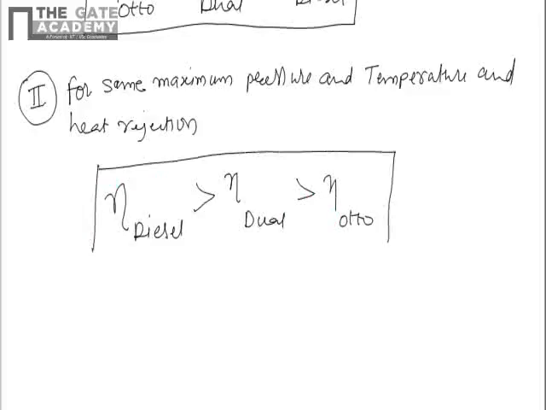So these two comparisons, on the basis of same compression ratio and on the basis of same maximum pressure and temperature, are very important. So remember this thing. Sometimes they can directly ask in the GATE examination.